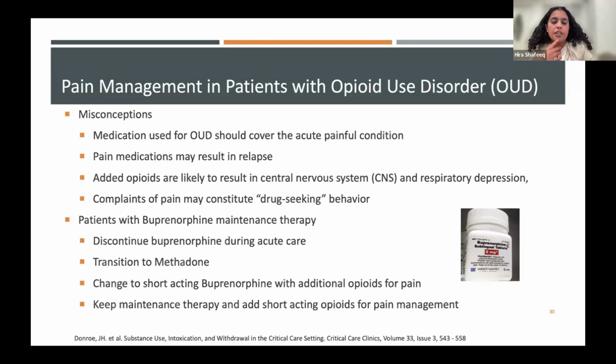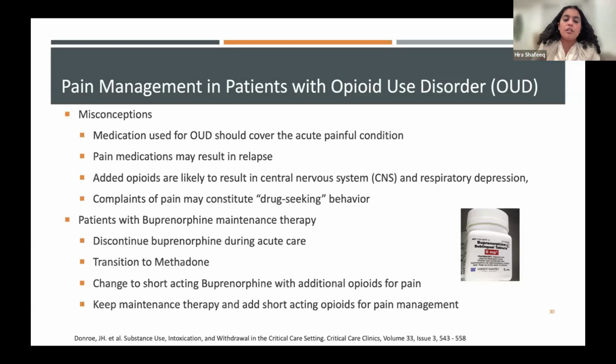A good example is that after brain surgery, you shouldn't need a lot of opioids, right? Even though they're going into your brain, cutting your skull, most of the time with brain surgery, even a craniectomy or craniotomy, they don't necessarily need a lot of opioids after.